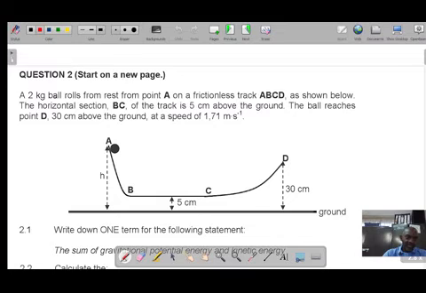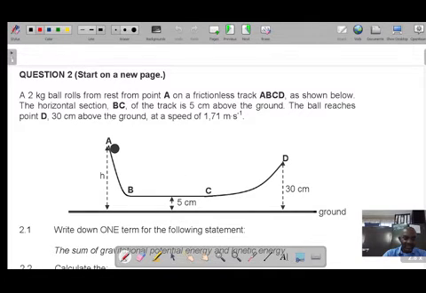a 2 kilogram ball rolls from rest from point A on a frictionless track ABCD as shown below. The horizontal section BC of the track is 5 centimeters above the ground. The ball reaches point D, which is 30 centimeters above the ground, at a speed of 1.71 meters per second.